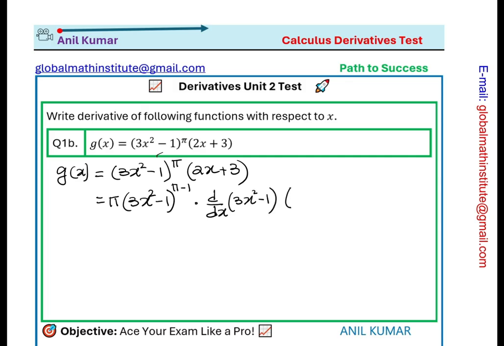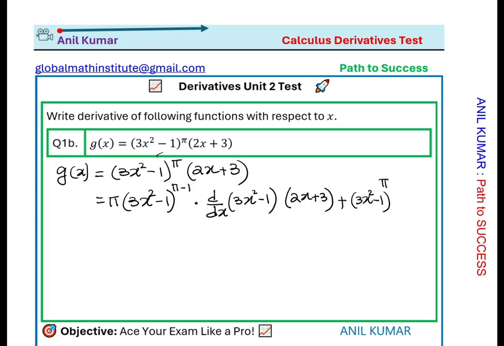Times the function which is 2x plus 3, correct? And now we'll add to this the first function times derivative of the second. So which is 3x squared minus 1 to the power of pi times derivative of the second, straightforward. So 2x plus 3 derivative is 2. So I'm just multiplying it by 2. Makes sense, correct?